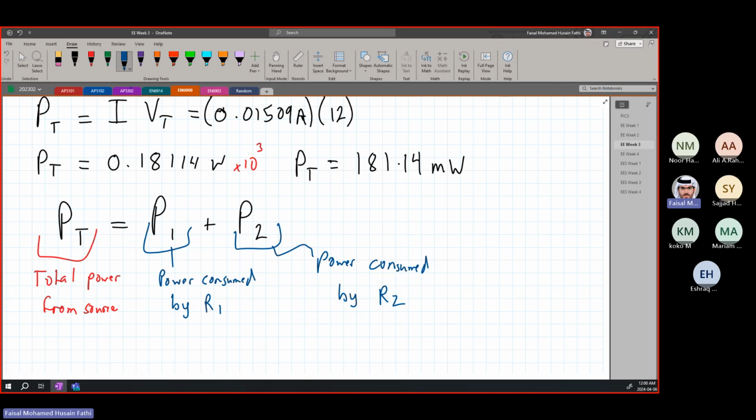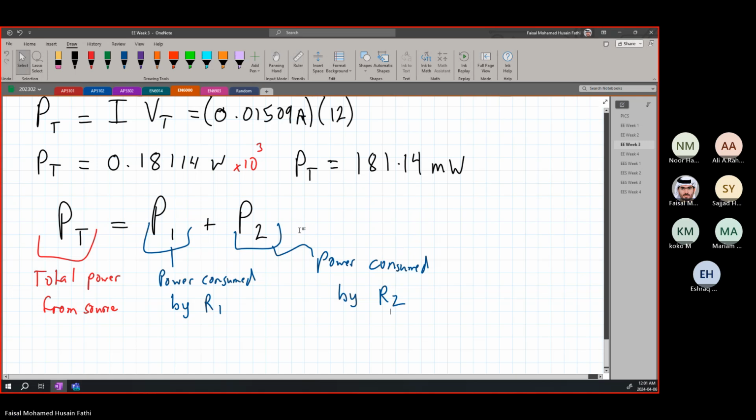Obviously, when you are giving power, it has to be going somewhere. It cannot just disappear into the air. So it will be going into the resistors. So the total power of a source has to be equal to the total power across all the components that are in the circuit.